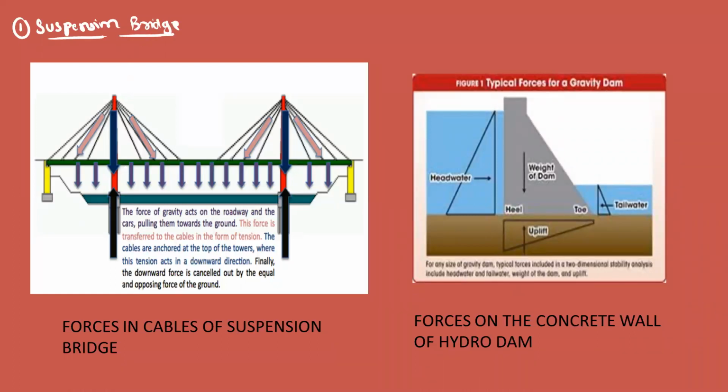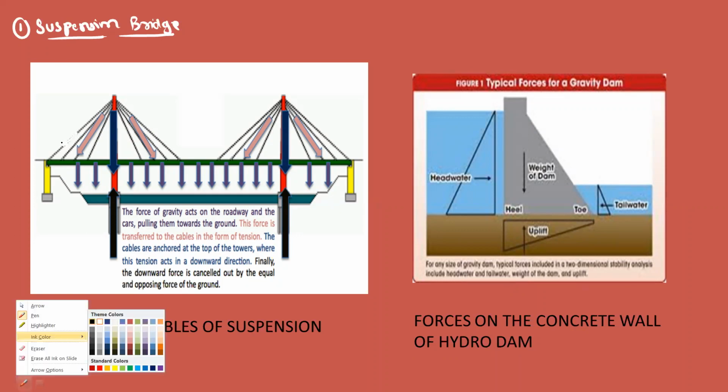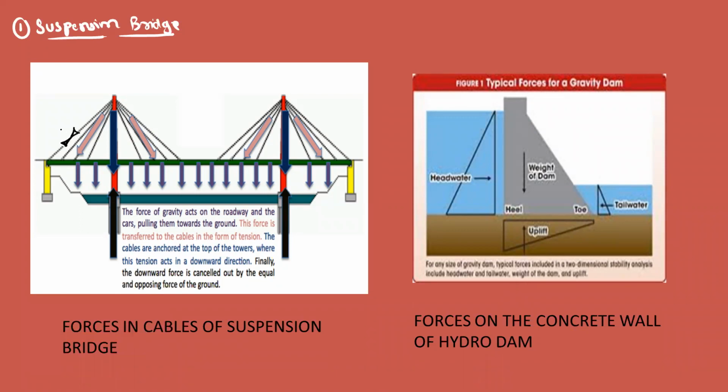In the suspension bridge, when engineers design such type of structures, they will try to find out how much tension is developed in these supporting cables. So these supporting cables will carry the complete weight of this rod. Okay, so here you can see some of the vectors. So these vectors represent the distributed load because of that weight.